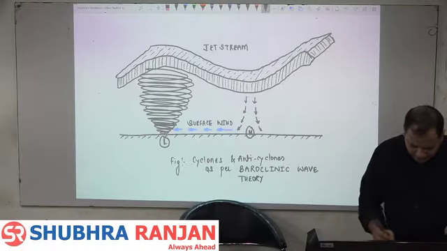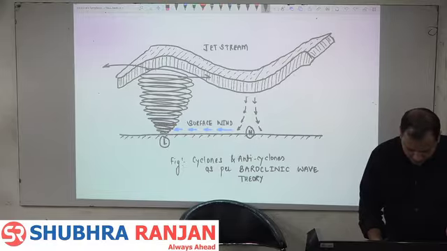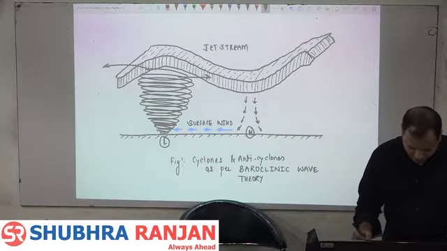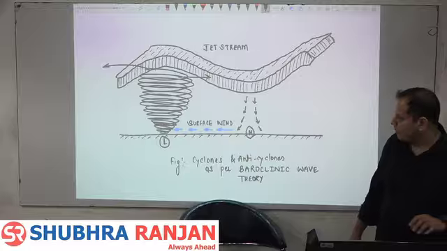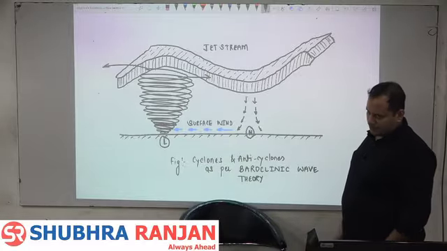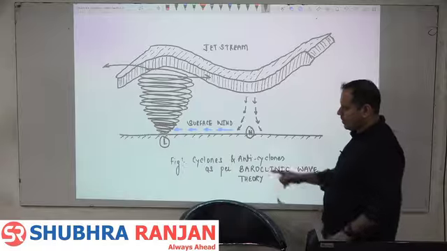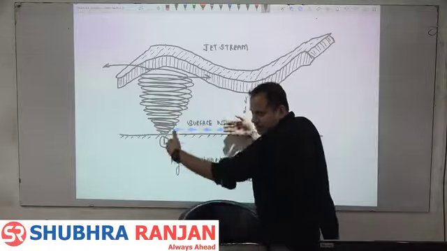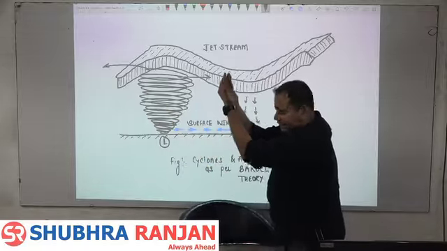Upper air divergence is the region of surface cyclone. Understanding? ऊपर डाइवर्ज हो रहा है, सो नीचे क्या हो रहा है, कन्वर्ज, और ऊपर हो जा रहा है.